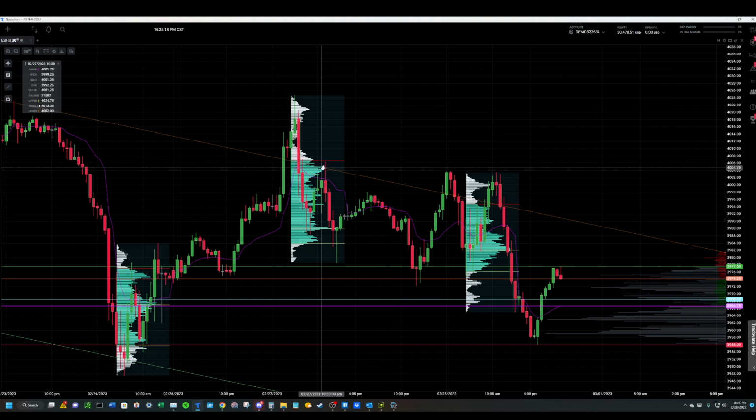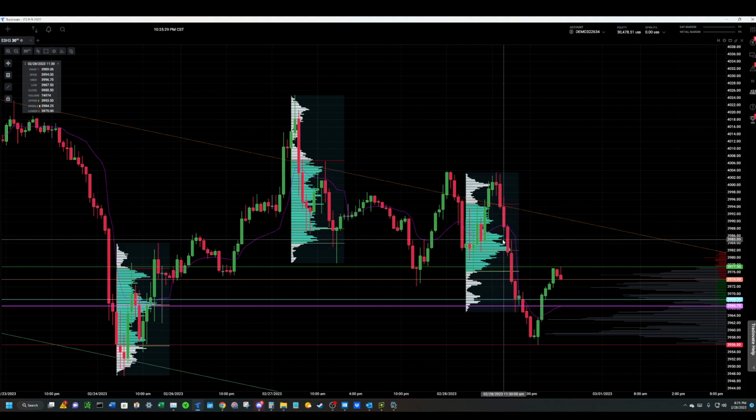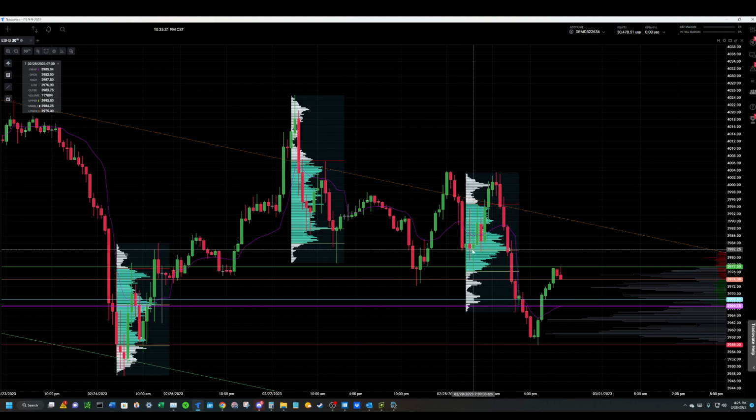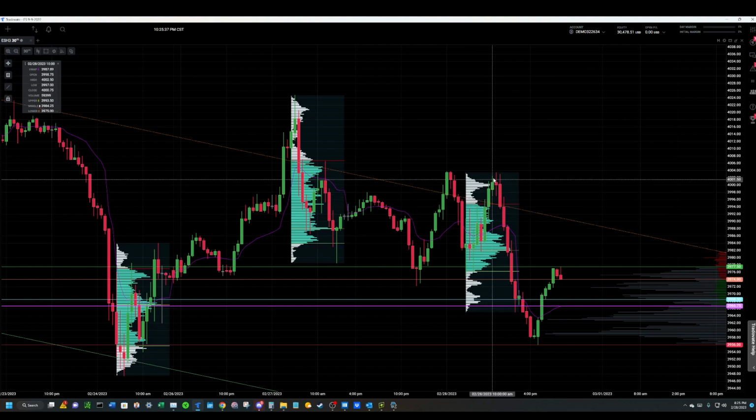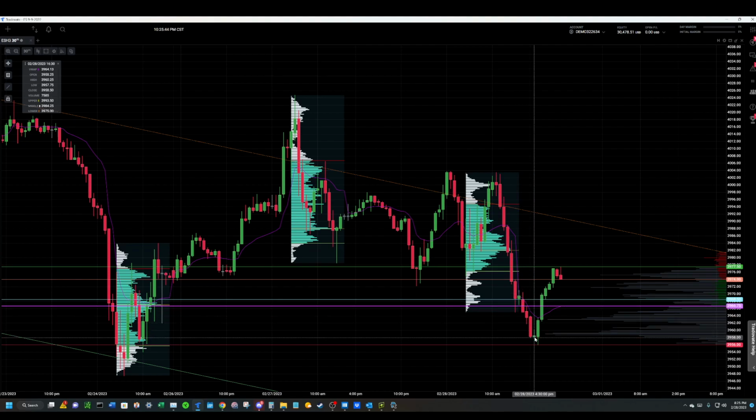So a high volume node kind of started here, and it's inside of that. That was too expensive. It started here, like, okay, there's a retail price. Then it was going, is this too expensive? This high volume node. And then it went back down.